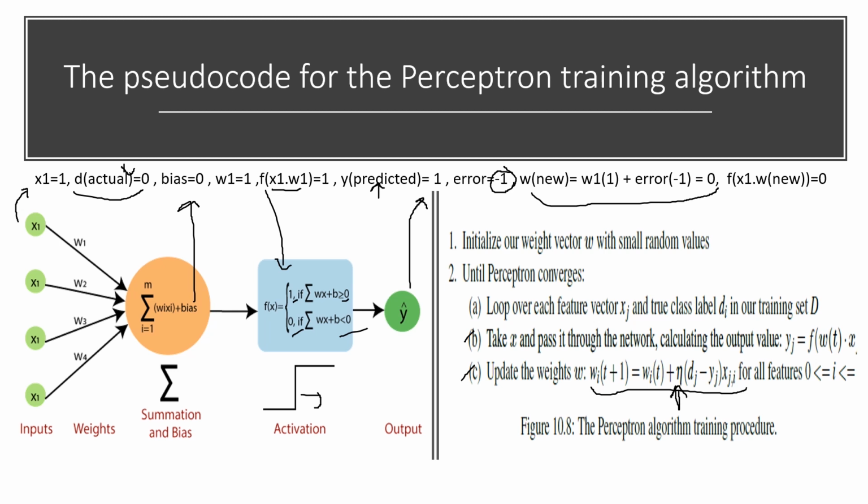Okay, so here my new weight is equal to 0. So again I am starting from here and I am getting the new predicted value as 0. So as you can see, now the error has been eliminated using the proper perceptron algorithm, and this makes us closer to the correct output.